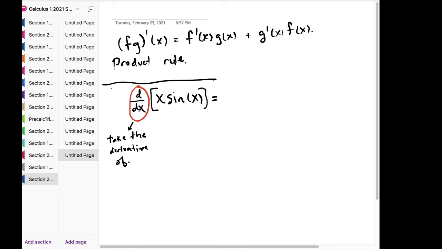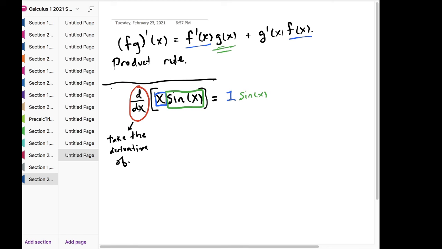Well, I realize it's a product of two things that I know the derivative of, right? So what's the derivative of x, and what's the derivative of sine of x? So the derivative of x is just 1, right? And then what's the derivative of sine? Oh, I don't need to take the derivative, right? It's sine of x.